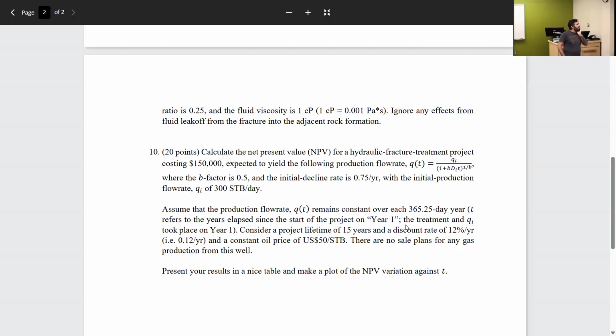And then I make for the entire year something like 300 stock tank barrels per day, okay? Now that is year one. So year one is not discounted, right? It's not discounted.